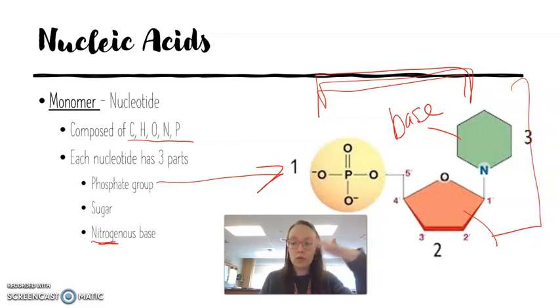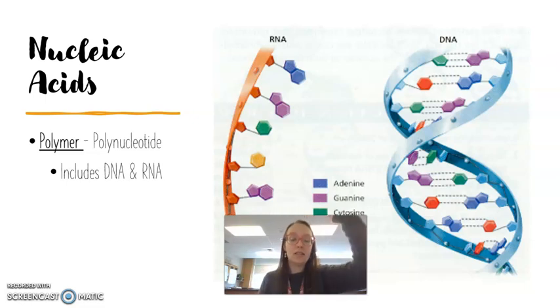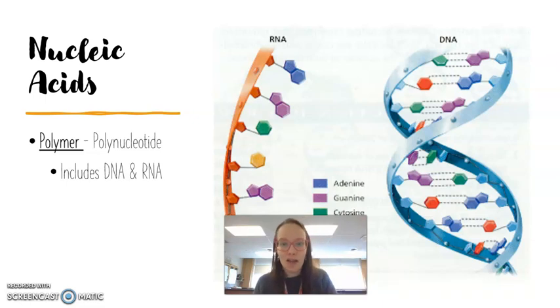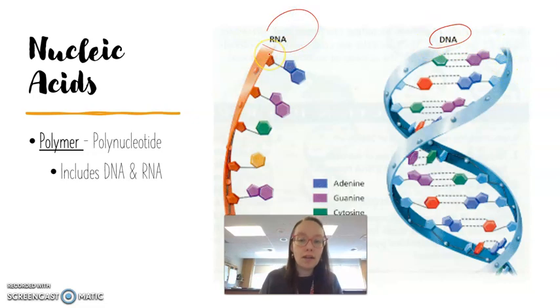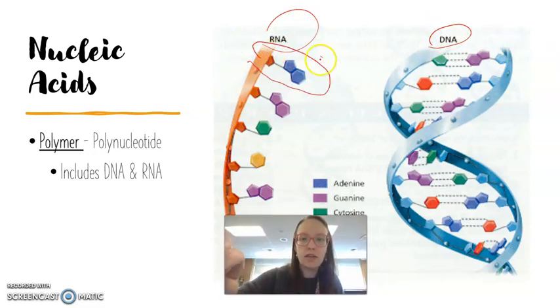When we take those and put them together, we make our polymer, which is a polynucleotide, right? Many nucleotides together. There are two different types of polynucleotides, and they are DNA and RNA. Here's our DNA molecule over here, and here's our RNA molecule. Each one of these is a nucleotide.